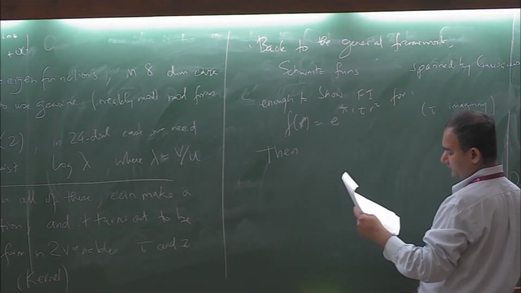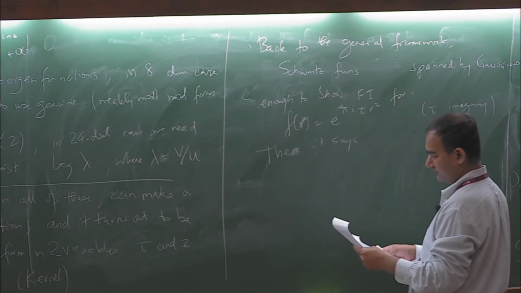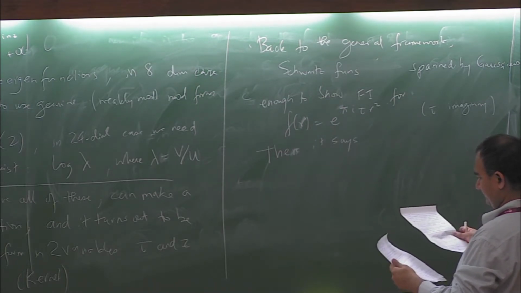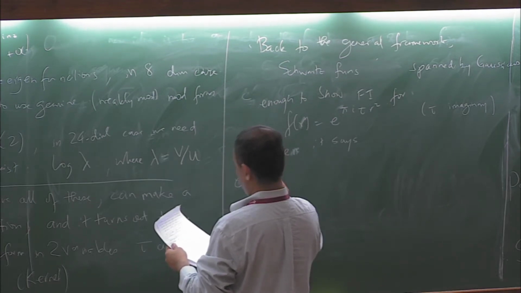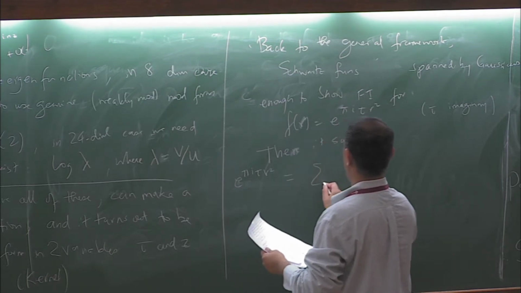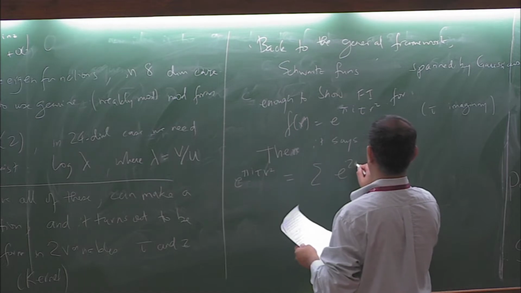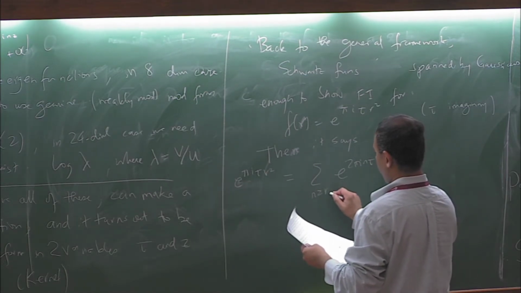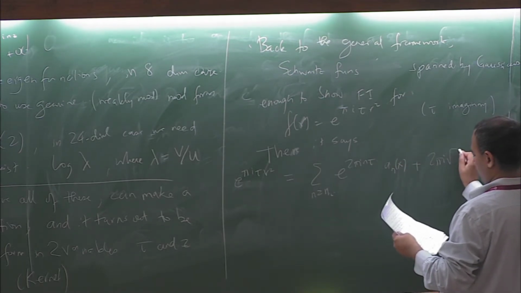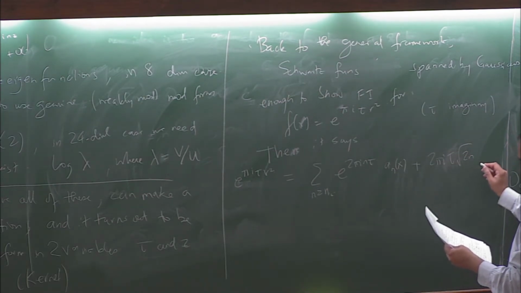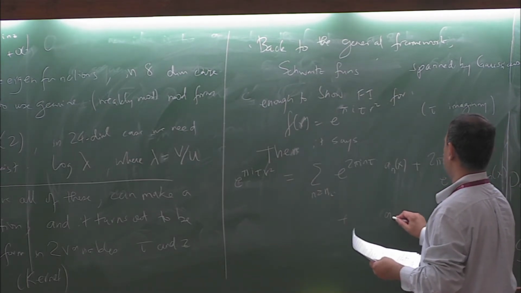So what does the Fourier interpolation formula say? It says that e to the pi i tau r squared must equal some sum, and you can write down explicitly what you need. e to the 2 pi i tau, this is the f at the square root of 2n, a n of x, plus 2 pi i tau square root of 2n times e to the 2 pi i n tau b n of x, plus similar things involving a n tilde and b n tilde.